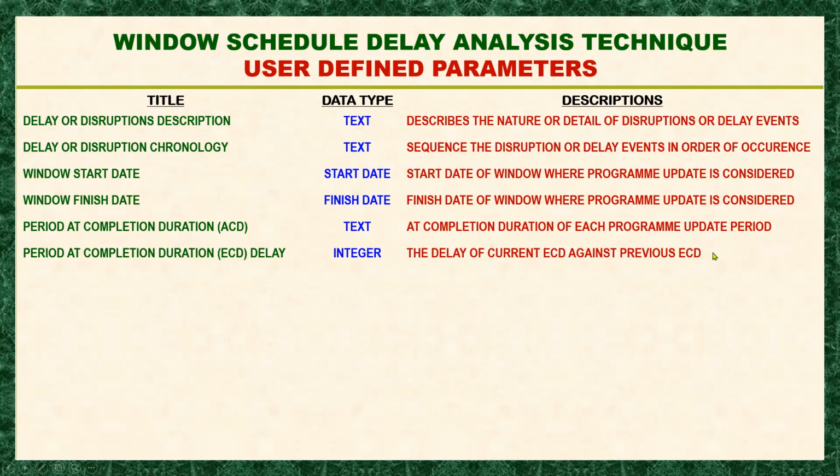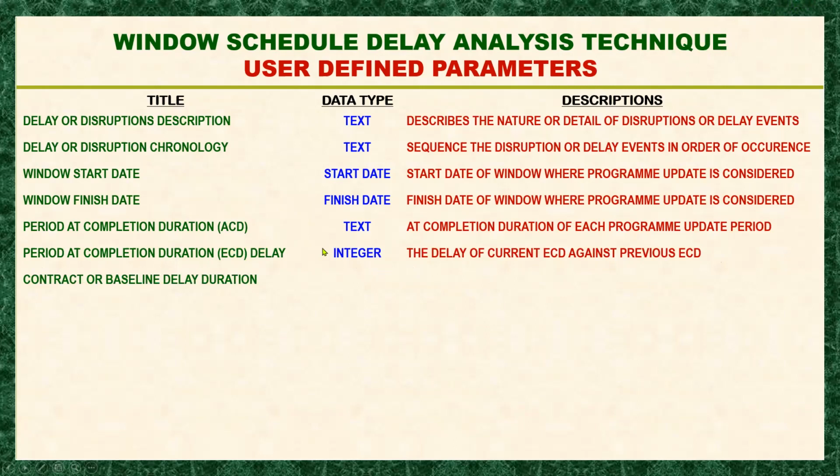In this period of completion duration delay, we are comparing the completion duration of the previous against the current. So for the month of June, our current ECD is only for the month of June, but we don't have the previous yet because we don't have any updates before the month of June.